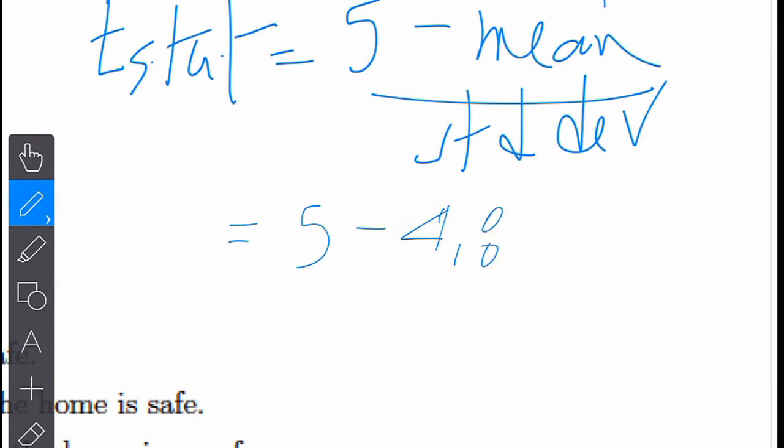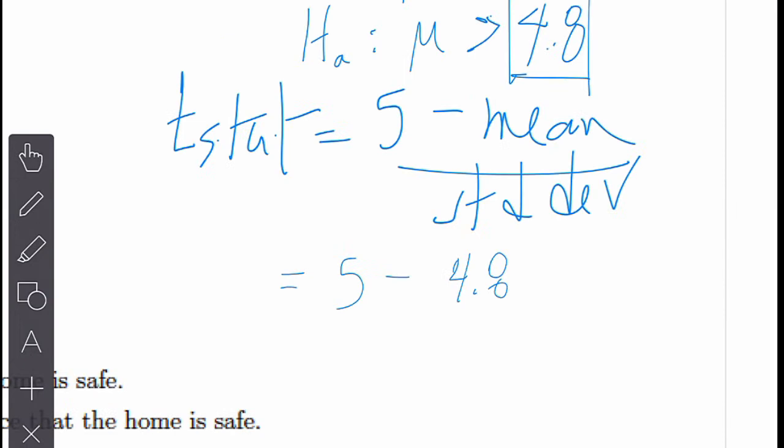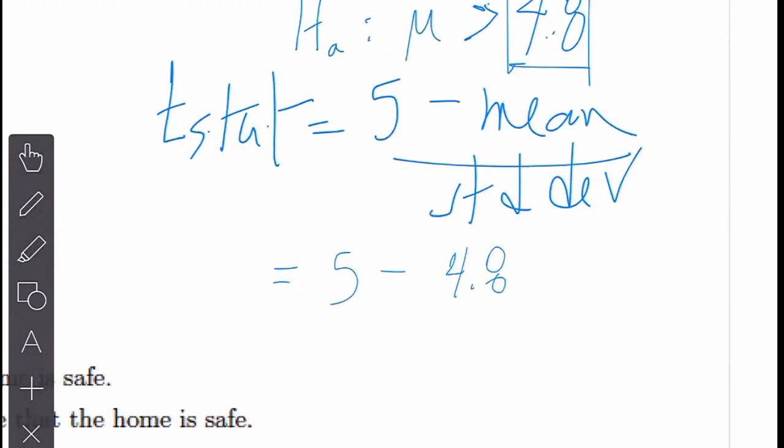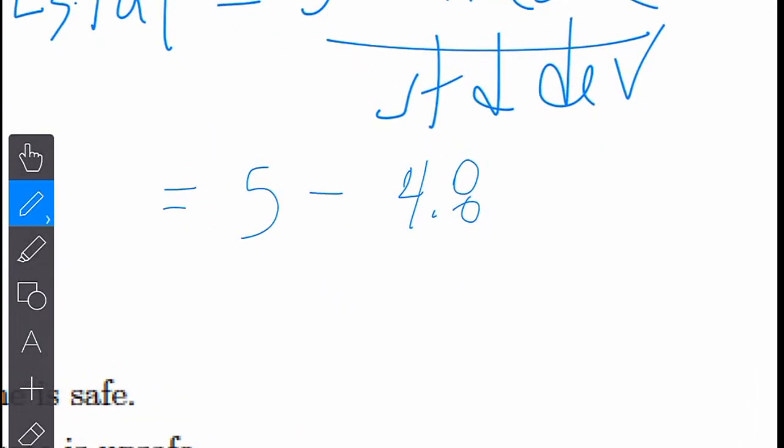That doesn't look like 4.8. Divided by S, which was 0.5. 0.5 divided by the square root of 8.